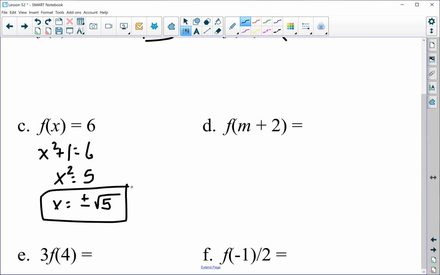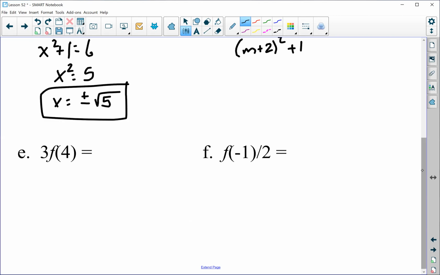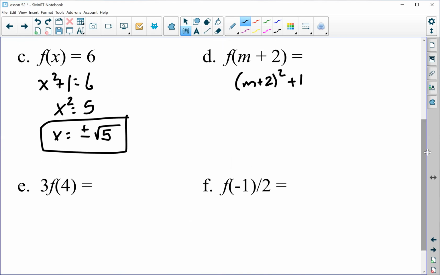You could be given an expression instead of a value to plug in. So if we want to find f of m plus 2, I'm going to take m plus 2 squared and then add 1 to it. Now there's a shortcut way to do m plus 2, the quantity squared.